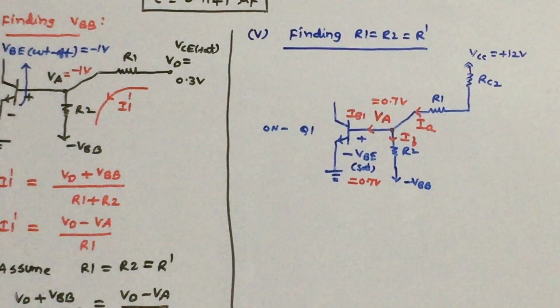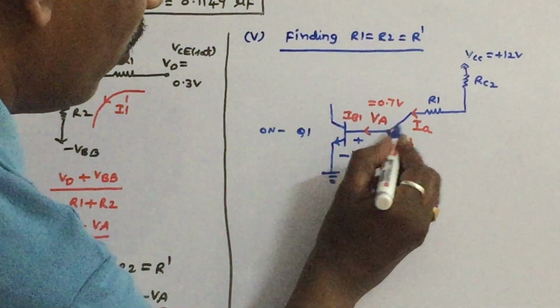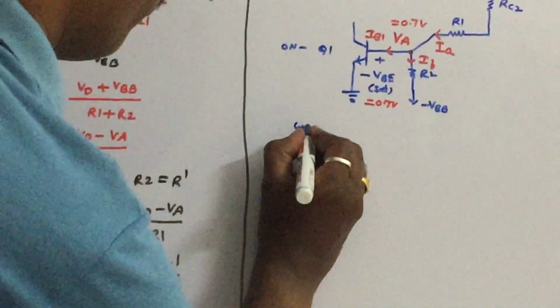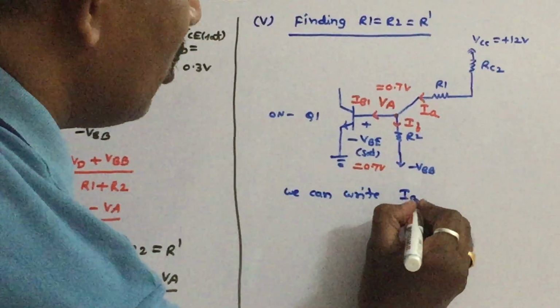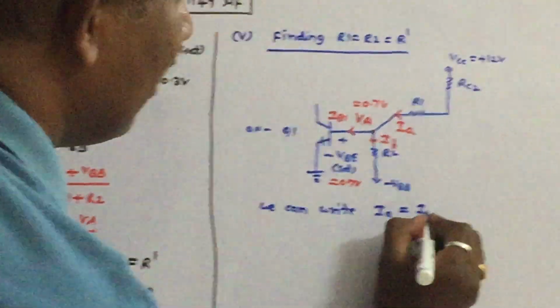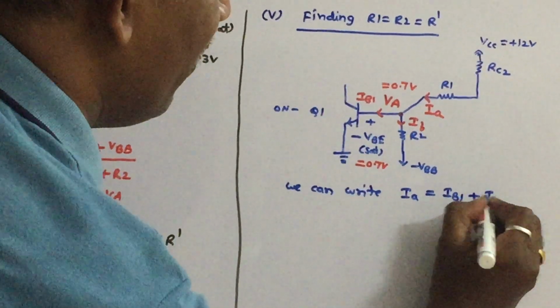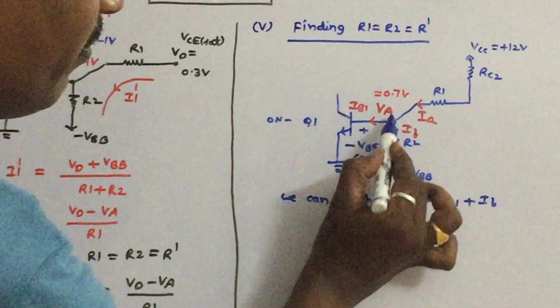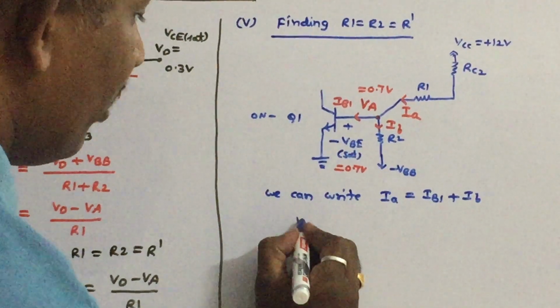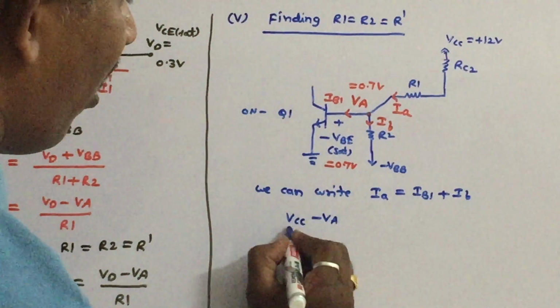By simply applying KCL to this node, we can write IA is equal to IB1 plus IB. This is the formula you have to write. What is IA? (VCC minus VA) by R1.